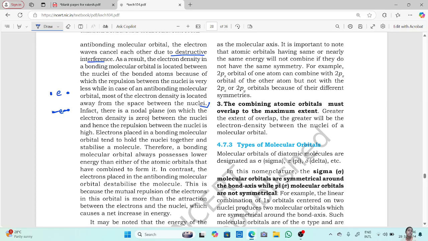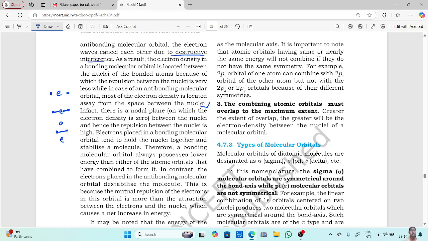But in the antibonding molecular orbital, the electron density between the nuclei is less. The electrons are placed further away from the nuclei. Hence there is repulsion between the nuclei, which increases the energy and reduces the stability. So this is the reason there is a destructive force in antibonding, whereas in bonding there is a constructive force.